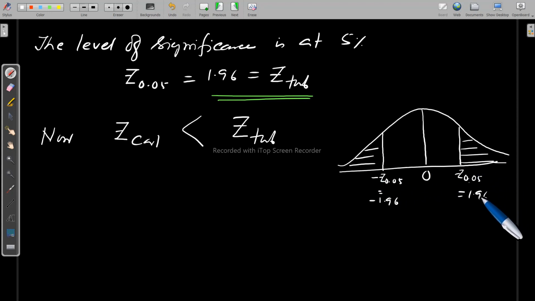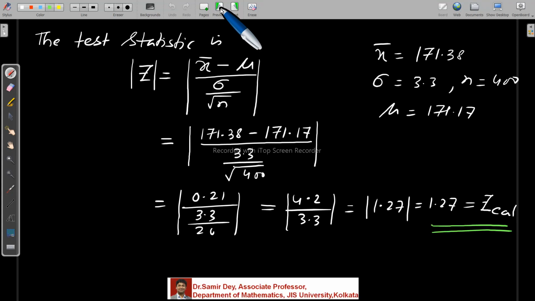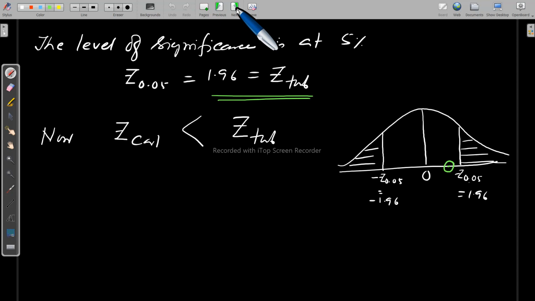Your Z-cal lies here. Is it clear? Because what is your Z-cal value? Z-cal is 1.27, which is less than this, so it should be here. Now what about the position? This shaded region is called rejected region, and these two are called accepted region.